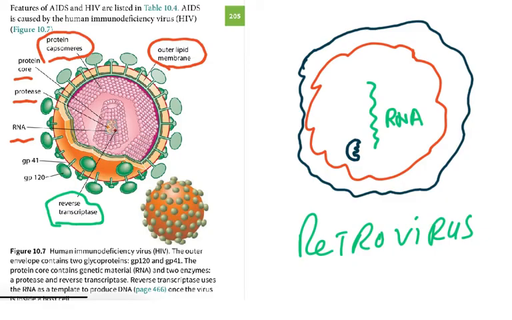Now this is very interesting because when it is going to invade a human cell, this RNA is going to be converted into viral DNA. And the viral DNA will then become part of the host cell.